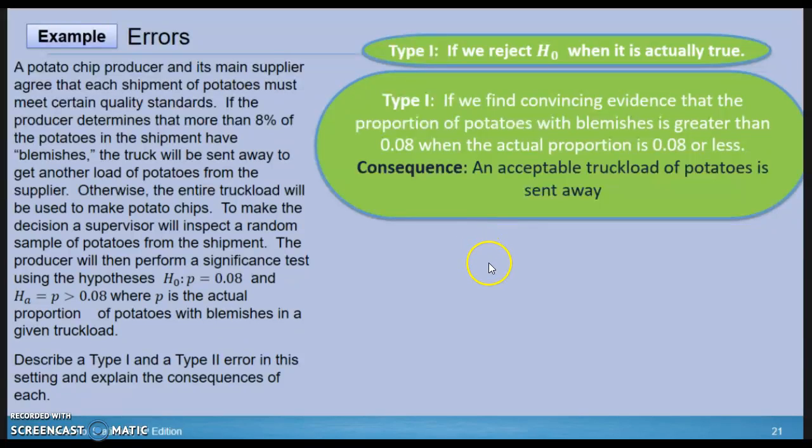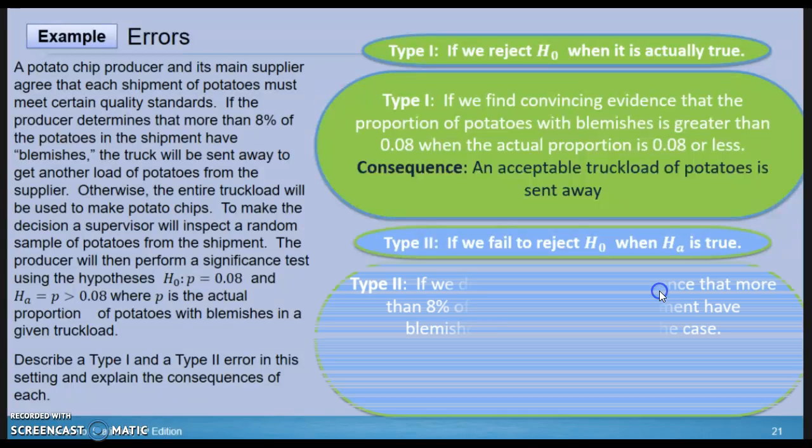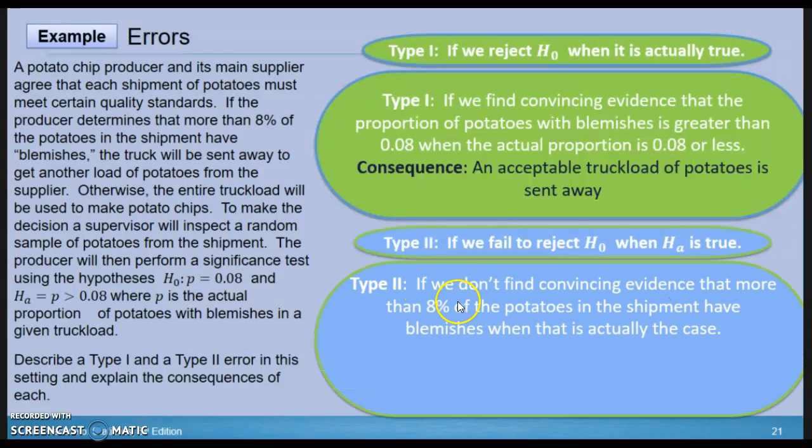And then a type 2 error is when you are going to fail to reject the null when you should have. So the type 2, if you fail to reject the null when actually your alternative ends up being true, so you shouldn't have. So in this case, if we don't find convincing evidence that more than 8% of the potatoes in the shipment have blemishes, when actually they do.